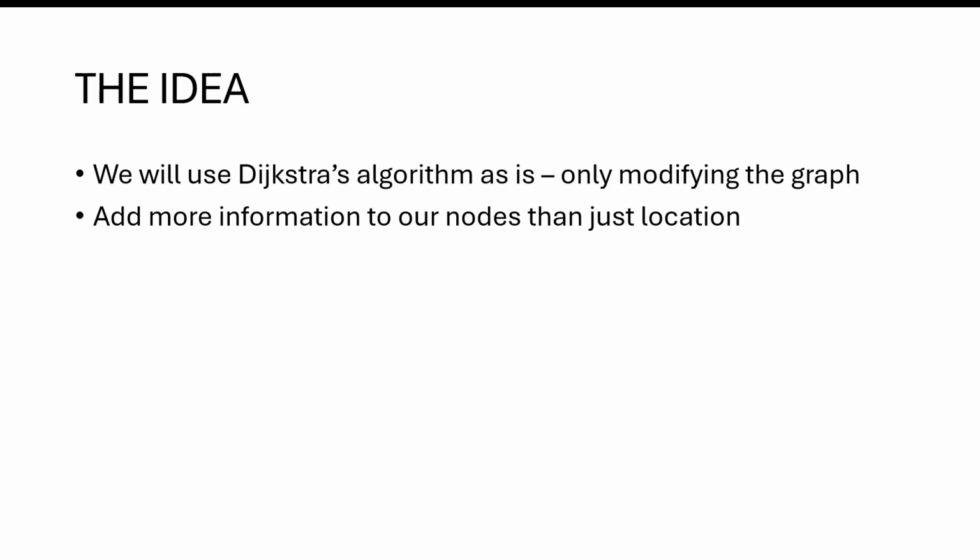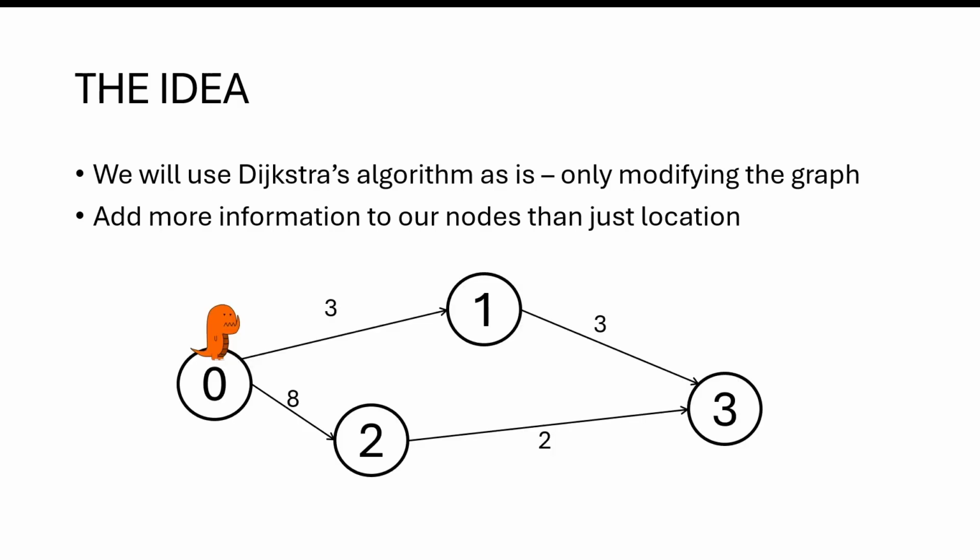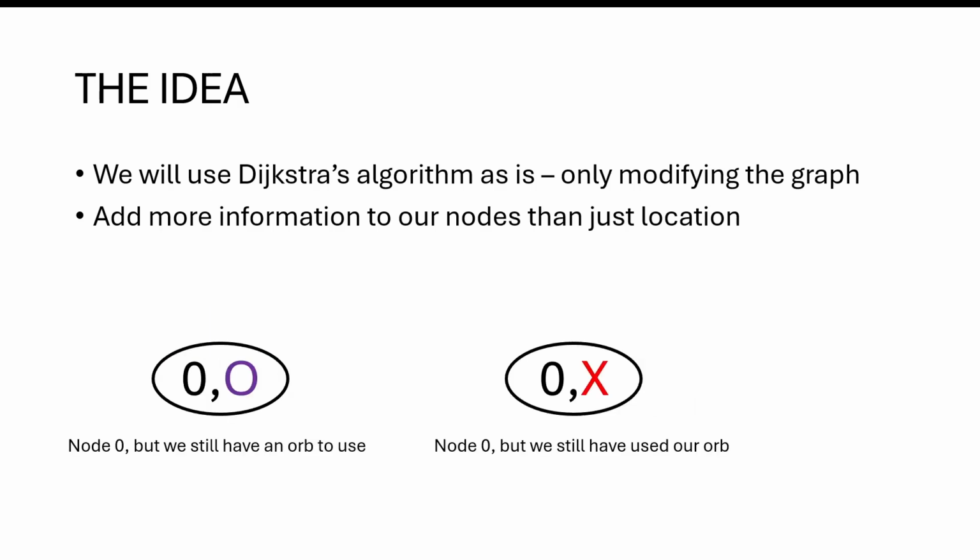What do I mean by that? If I were to show you this graph, you would intuitively understand that Plebosaur is currently located at node 0. Also, each node's name is just its number. Let's change that. We now have two node number zeros, but we have added additional information.